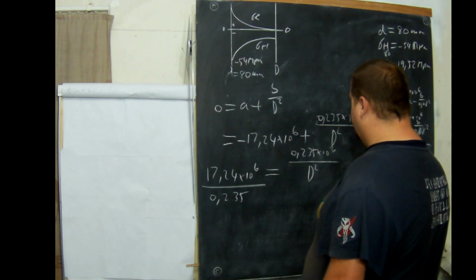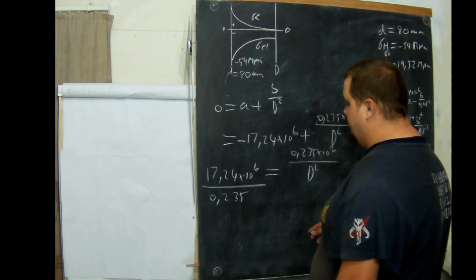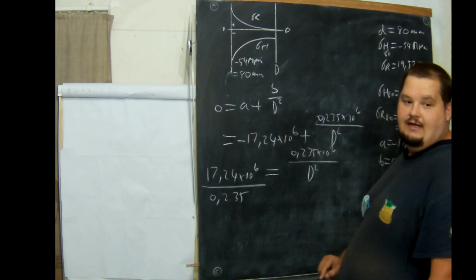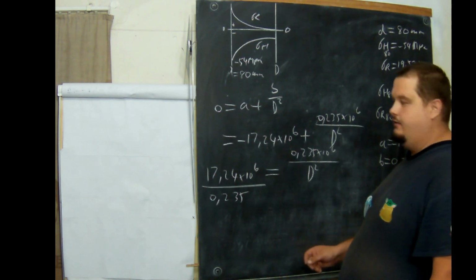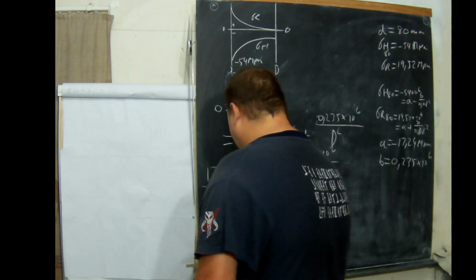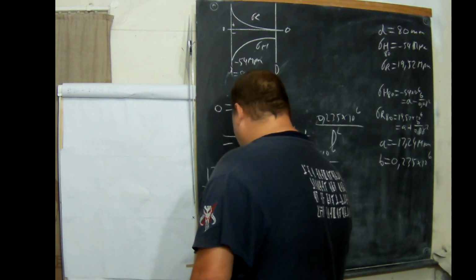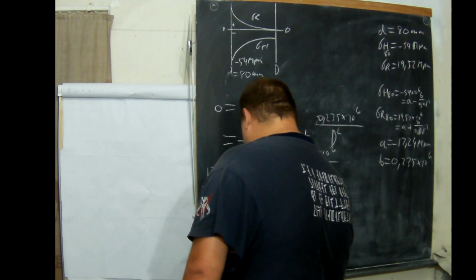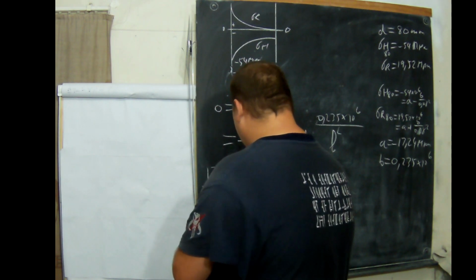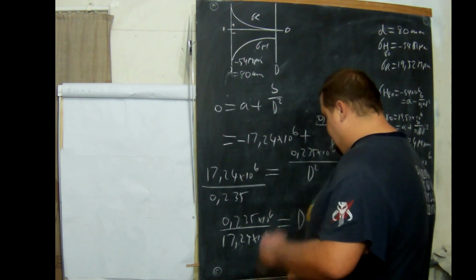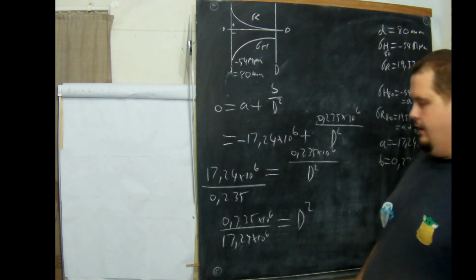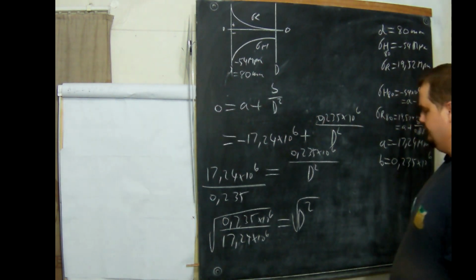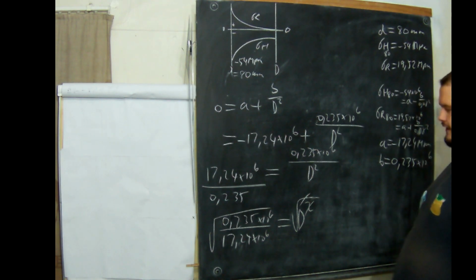And then this is 1 over D. Because it's 1 over D, we actually invert both. So this will become 0,235 divided by 17,24, both times 10 to the 6, equals D squared. Now we square root that and square root that, and that cancels with that, and we're left with D.